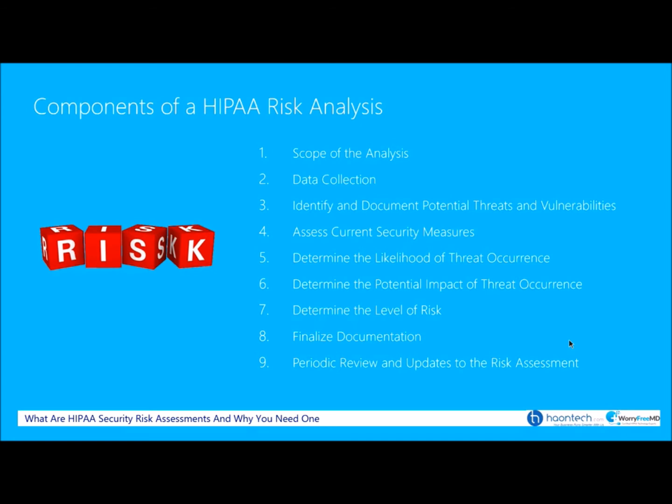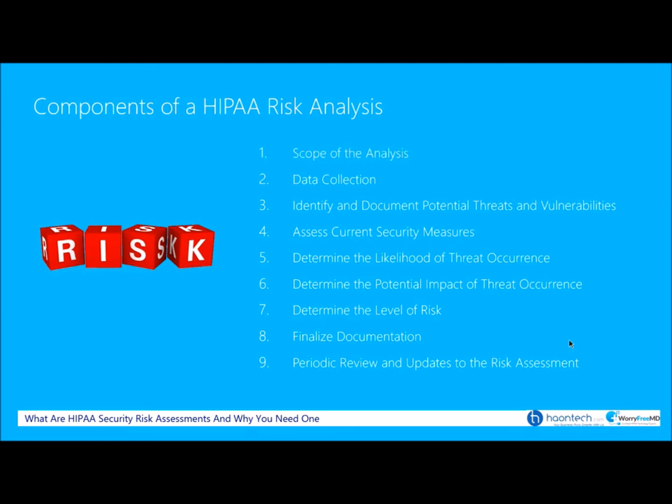There are many ways to do it, but HIPAA does give you some components that are required. And here on this screen I have the components that any risk analysis needs to have. And again, it's high level. Like most of the items in HIPAA, it's high level, so they don't get into specifics, into details, into the actual implementation, but the components are this.